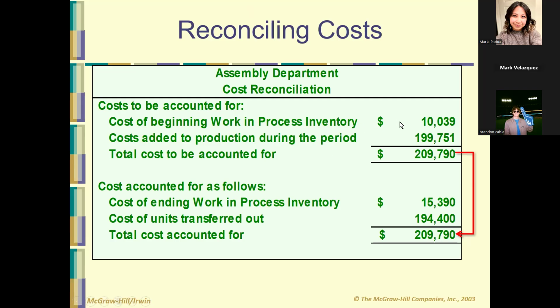Beginning inventory plus what we added gives you something that I like to call total cost available, total cost to be accounted for. We have to say to the world, this 209,790, what did we do with it? Well, we produced product or sub-assemblies going to the next department or to finished goods, and we have work that's partially done, and it equals 209,790.